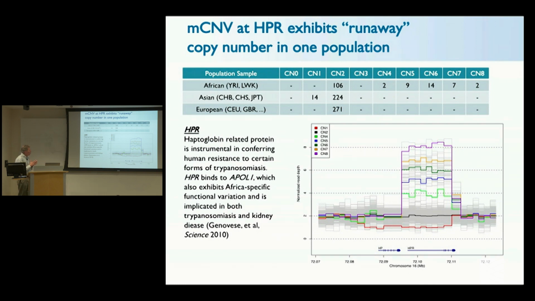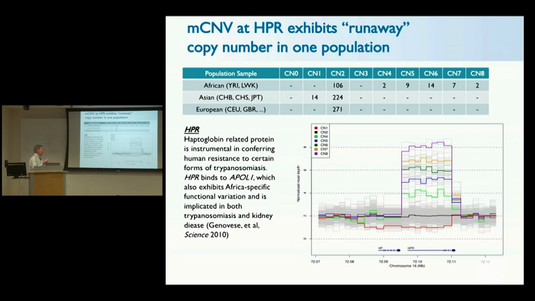Just to give you a qualitative sense of this, I'll show you one example of trying to impute a particular CNV, which is at the haptoglobin-related protein HPR. So HPR helps confer resistance to certain forms of trypanosomiasis.